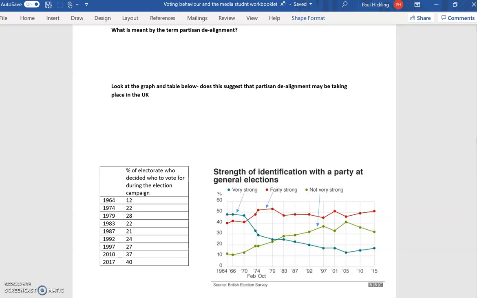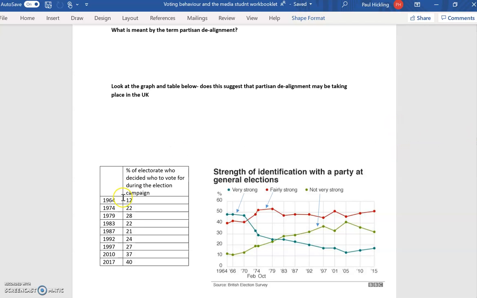So again, have a look at this graph on the right hand side, which shows the percentage of people in Britain who say they have a very strong link to one party, a fairly strong link, and not a strong link. And on the left hand side, the percent of the voters who had already decided which party to support during the election.